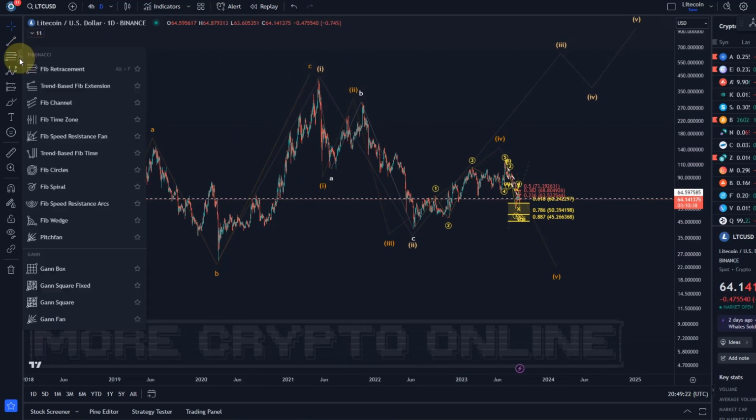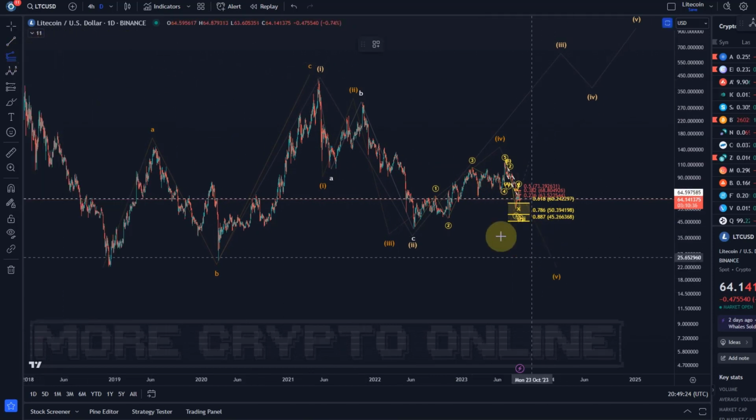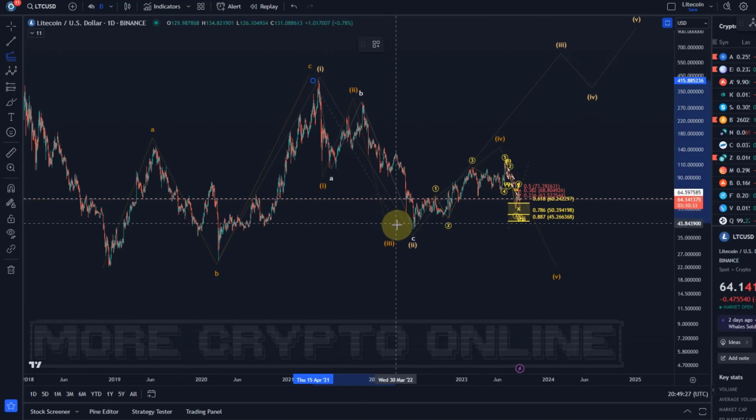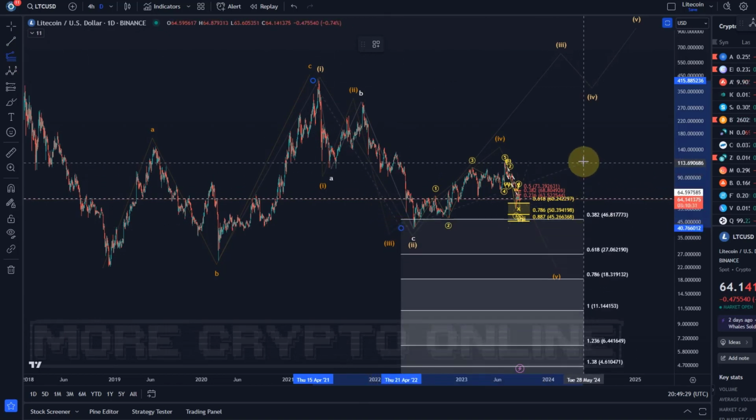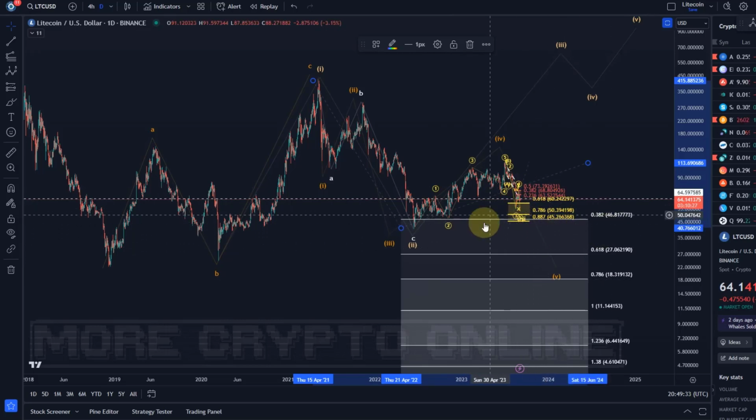Now, what would be a target if we really get a 5th wave to the downside? Target-wise, it would probably be more around the $27 level, the 61.8 fib extension. This is certainly the next key level to watch.